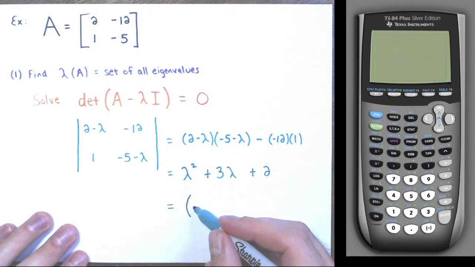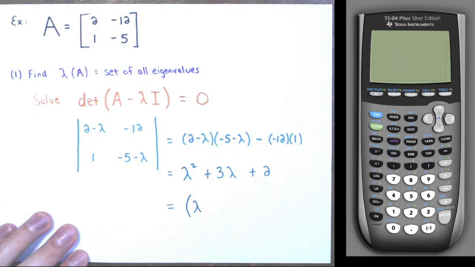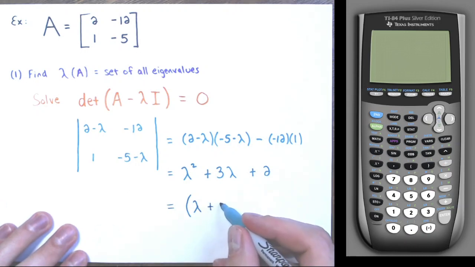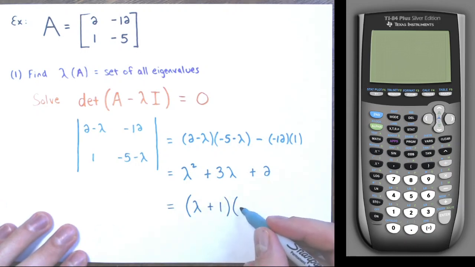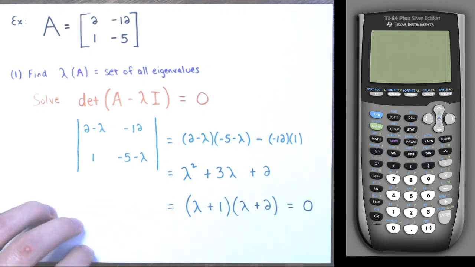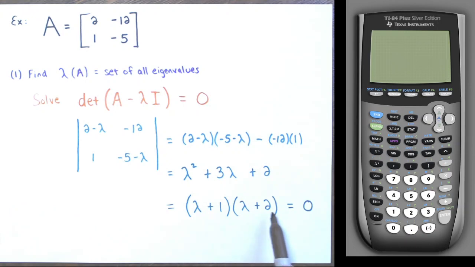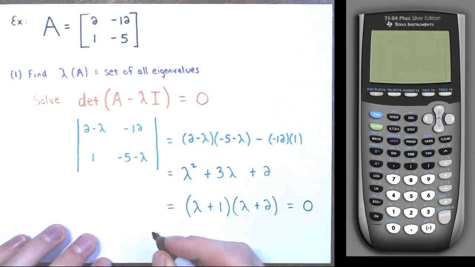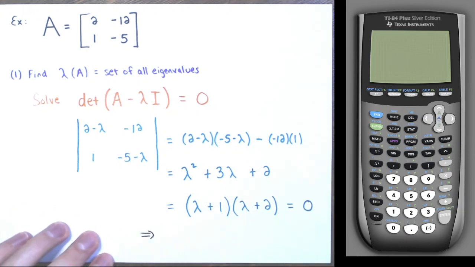This factors to lambda plus 1 times lambda plus 2. And the big question again is, when is this equal to 0? Well, it's equal to 0 when I have a product equal to 0. The only time a product is equal to 0 is when one of the factors is 0.